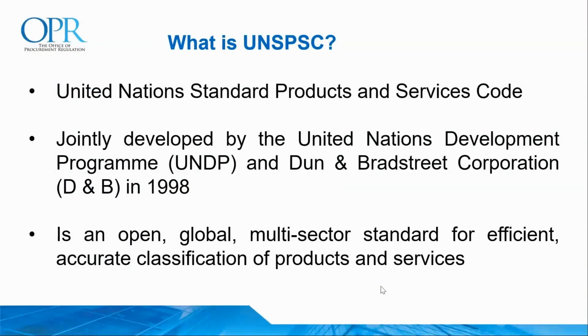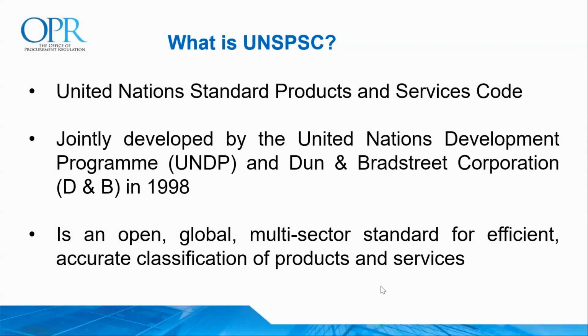So, what is UNSPSC? That's a question you may be asking. Well, it's an acronym meaning United Nations Standard Products and Services Code. This code was jointly developed by the United Nations Development Programme and Dun & Bradstreet Corporation in 1998. Since then, this code has been updated annually and in some cases twice a year.